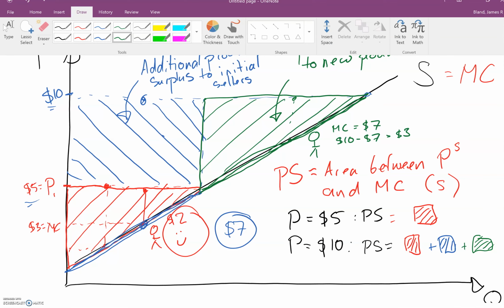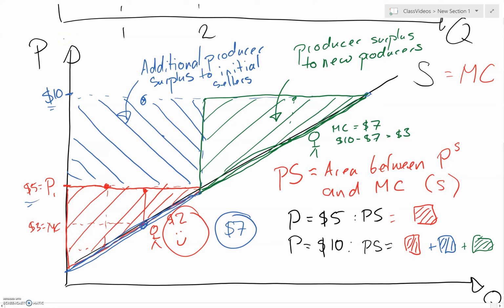What we can see here is that when the price is higher, producer surplus is larger by this area. Producer surplus has gone up by the blue area plus the green area.